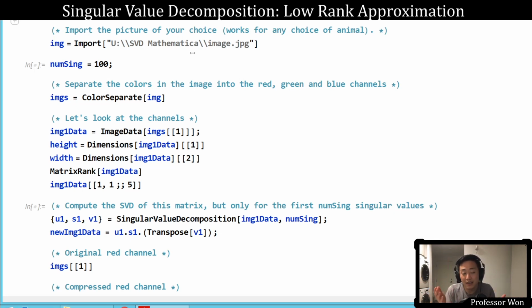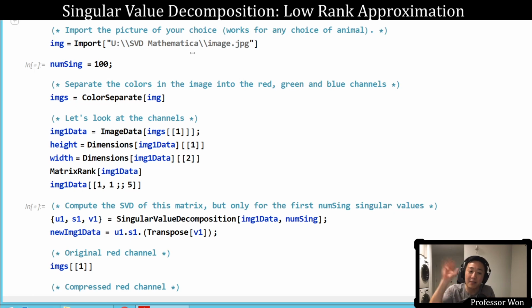Of course, if you had an image that was entirely white, then every column of your matrix would just be 255, 255, 255, 255, and so you'd have a rank 1 matrix. If it was half white and half black, then you would have a rank 2 matrix, with 255s and, I guess, black would be 0s.